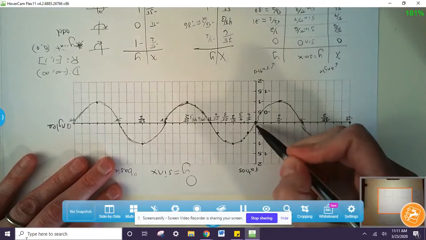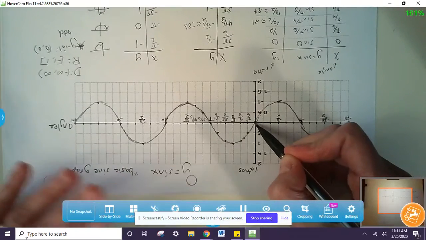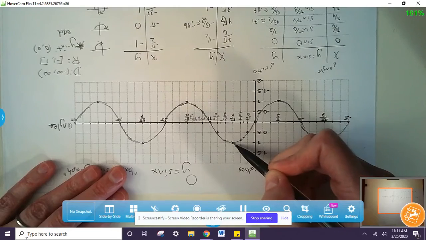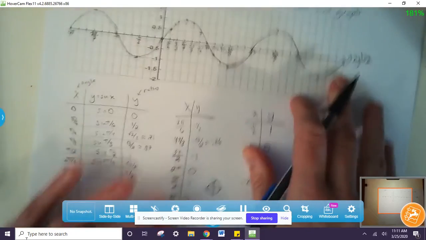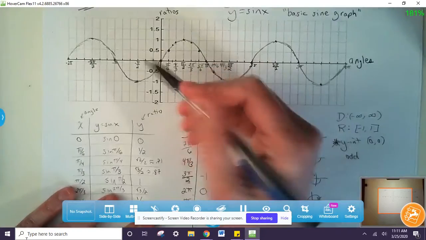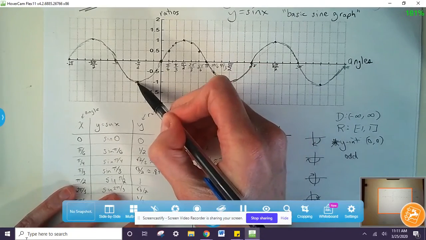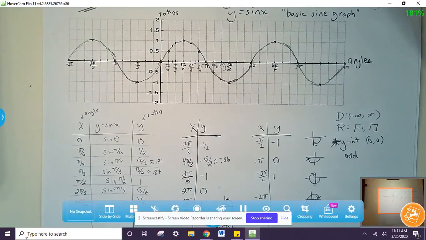From that y-intercept at (0, 0), it goes up to the right with a hill and down to the left with a valley. Let me put it back. So if you spin this graph 180, it does map onto itself. This is an odd function.